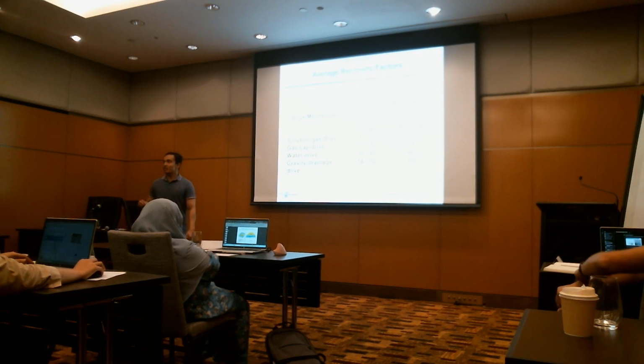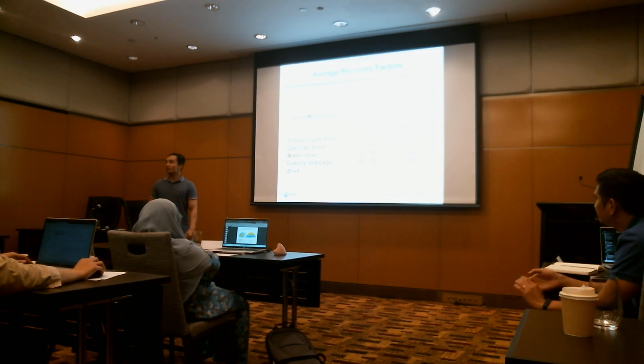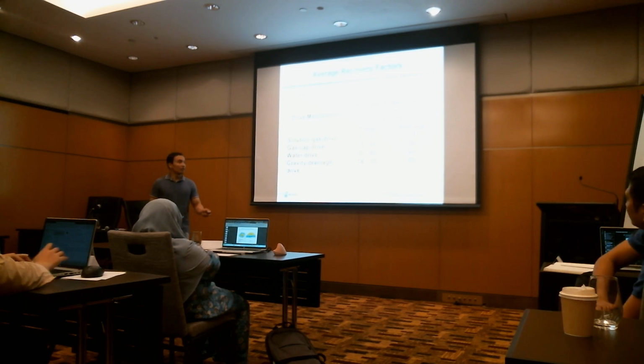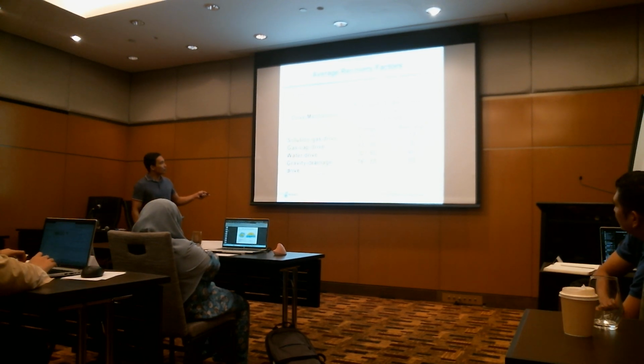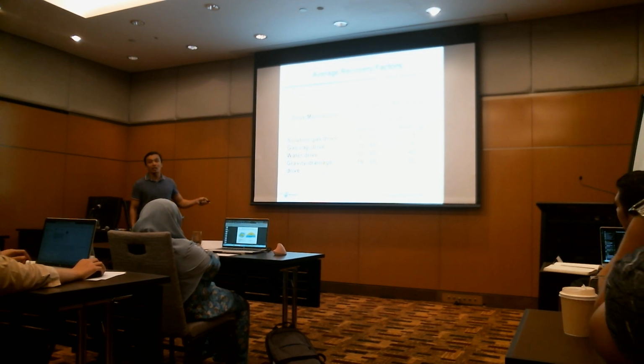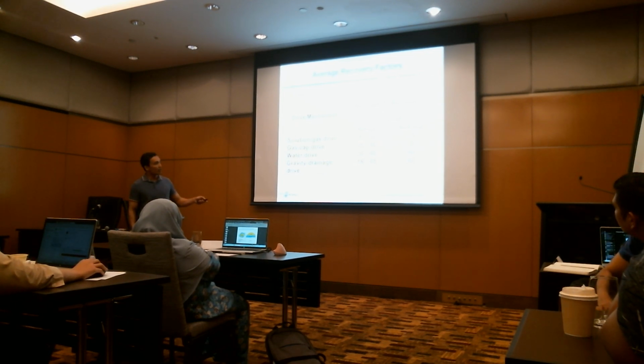Actually, gravity drainage is just an additional element, for example when you have gravity drainage for the drive. That's why it's always the highest at the top. You can see it can go to an average of 50%. Gas cap goes to 30%, water 40%, solution gas 15%.